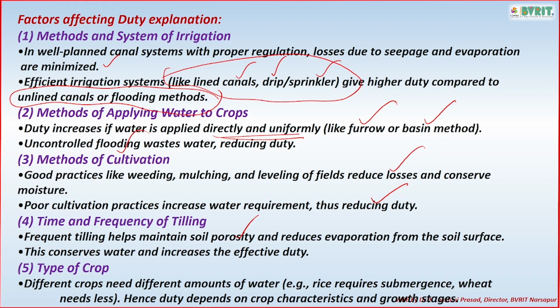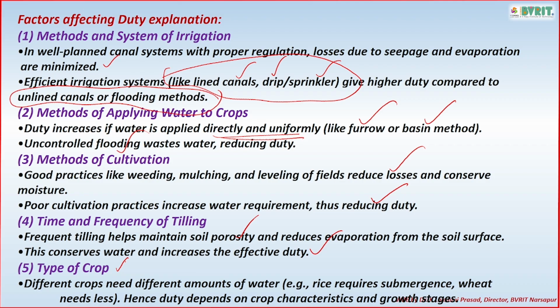Thereby, the water holding capacity of the soil increases and it reduces the evaporation losses. So naturally, the duty increases. The more times you do the tilling, the more times you loosen the soil of the land, the water holding capacity in the soil increases. So more and more moisture it can hold.